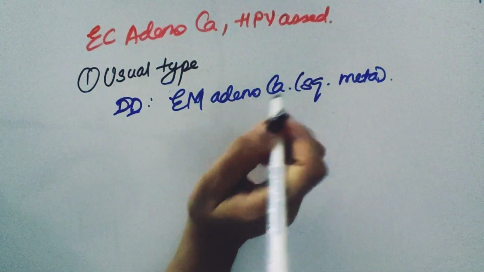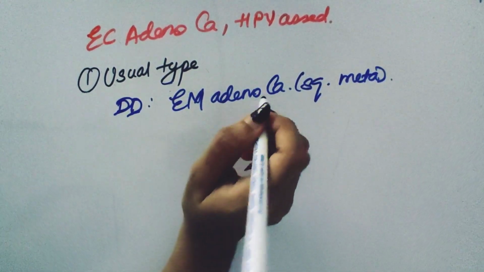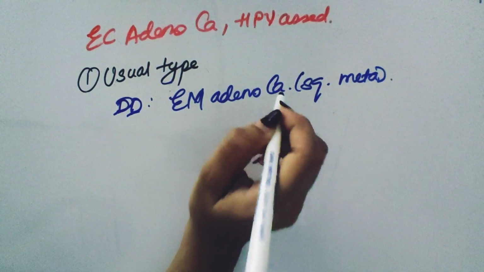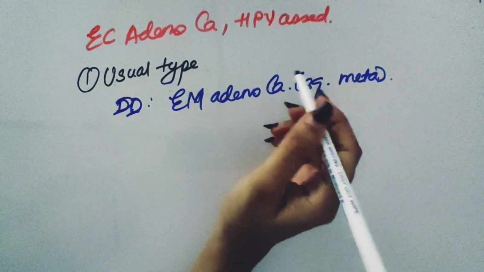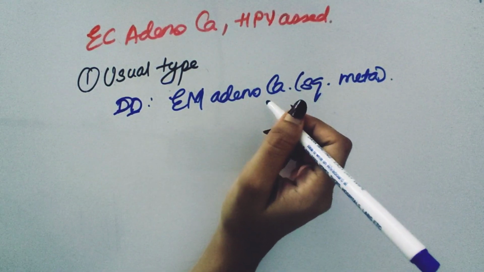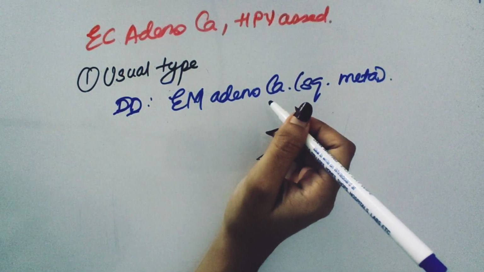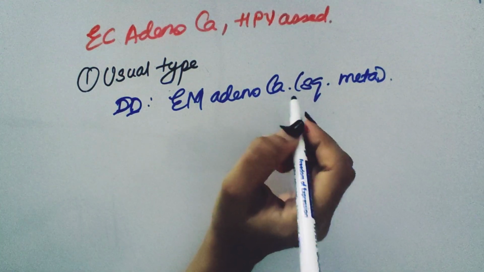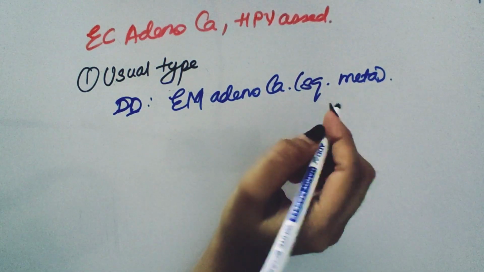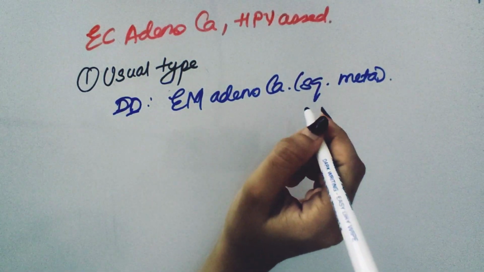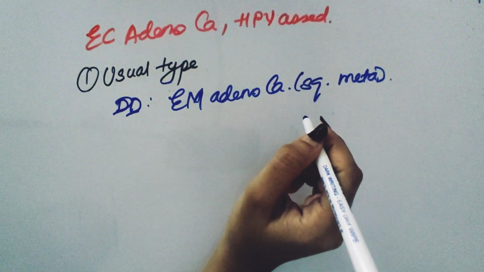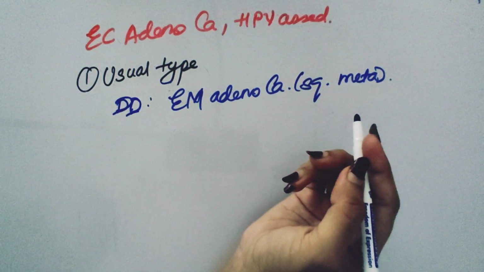Usually, if the endometrial carcinoma has extended to the endocervix, then by that time the lesion in the endometrium itself will be almost crossing more than 50% of the myometrium. So it will be obvious that the patient has an endometrial carcinoma. Then you can use IHCs and all to differentiate.